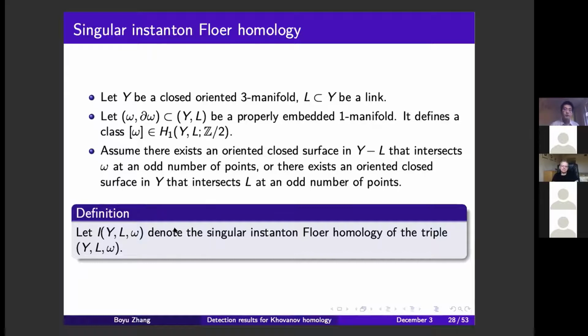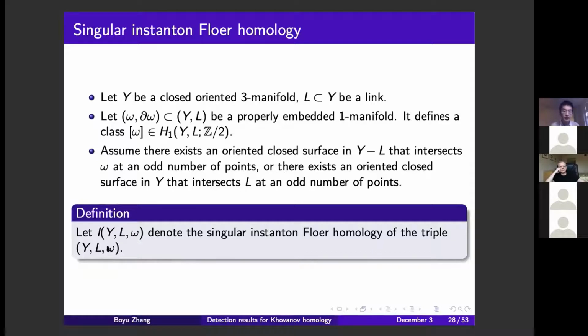So Kronheimer and Mrowka developed the instanton Floer theory in this setting, where they defined instanton homology for the triple (Y, L, omega). Roughly speaking, the singular instanton Floer homology can be thought of as a variation or a generalization of the original version of instanton Floer homology by thinking of the manifold Y as an orbifold, where the link L is the singularity of the orbifold, and we also assume that all the points on the link L have a stabilizer group Z/2.